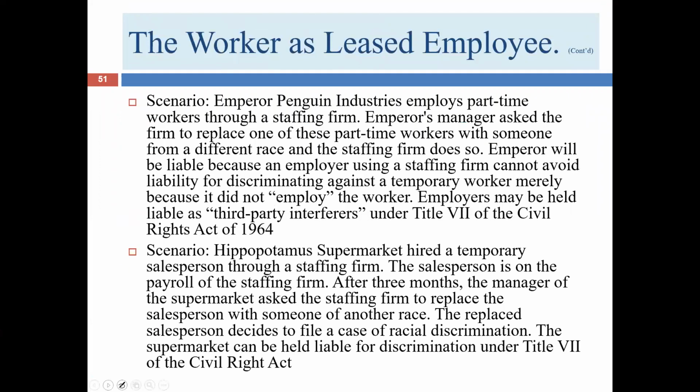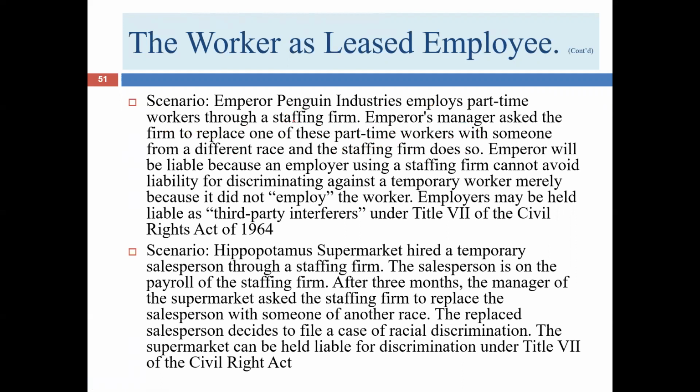Let's go through a couple scenarios here. Okay, so we have this Emperor Penguin Industries. It employs part-time workers through a staffing company. So this is the Kelly Girls scenario. Emperor's manager asks the staffing firm to replace one of its part-time workers with someone of a different race, and the staffing firm does so.